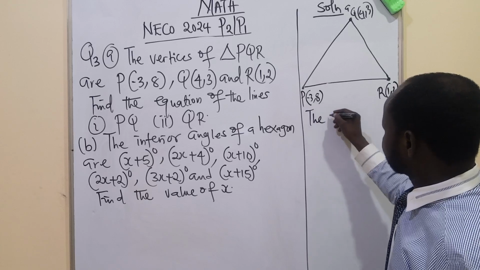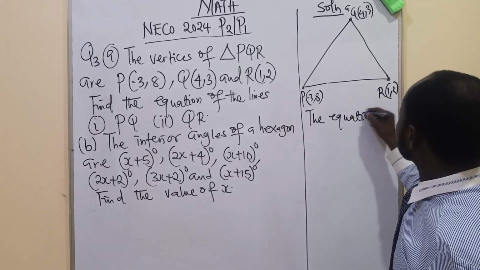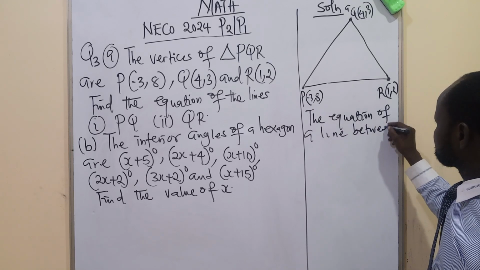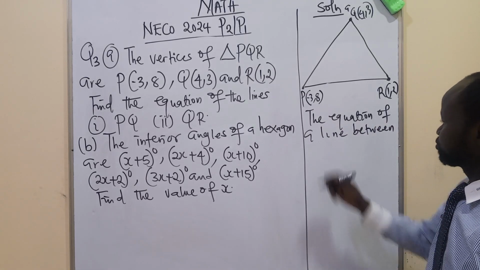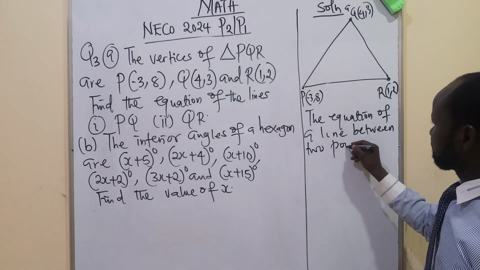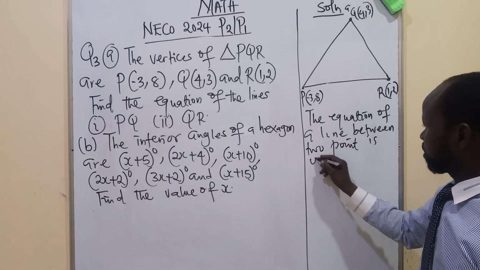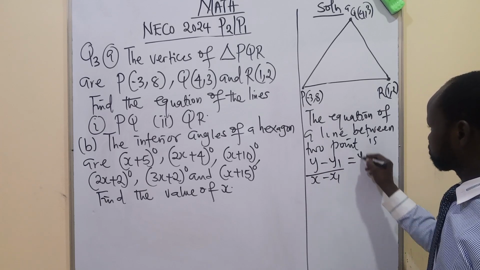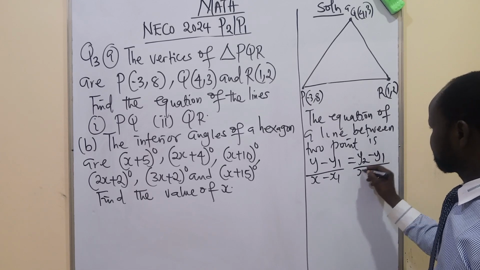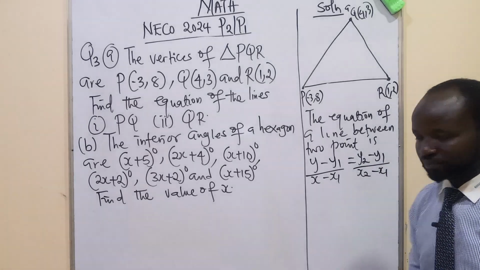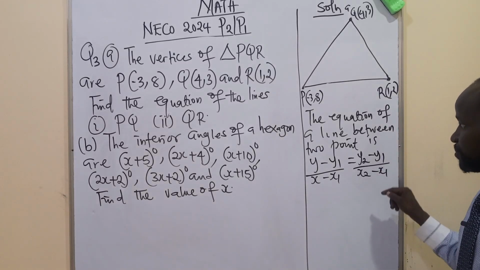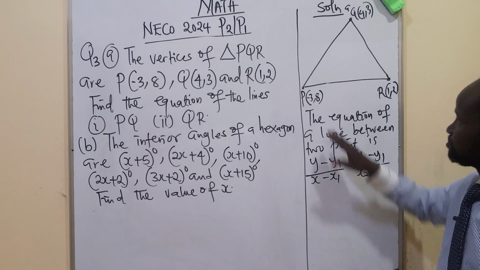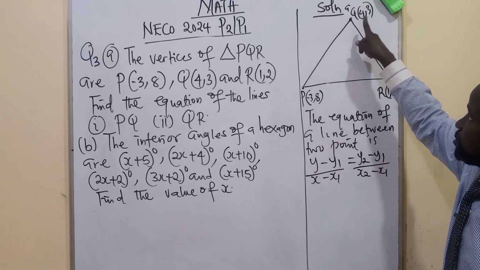The equation of a line between 2 points is (y minus y1) divided by (x minus x1) equals (y2 minus y1) divided by (x2 minus x1). The right hand side is the formula for slope. So we can use this formula to find the equation of line PQ.